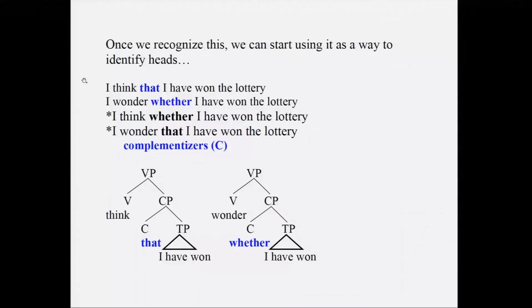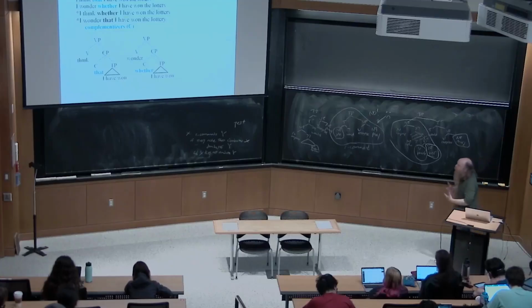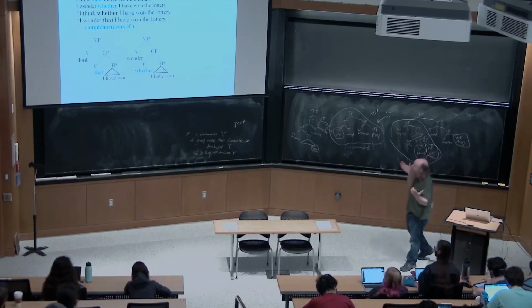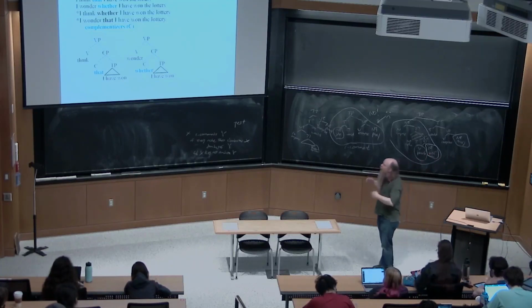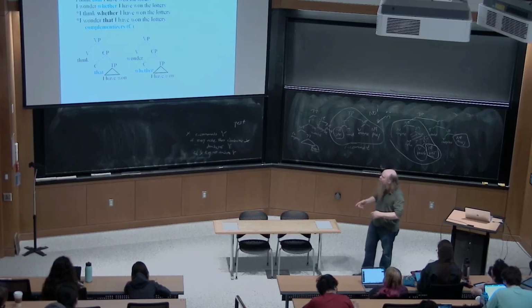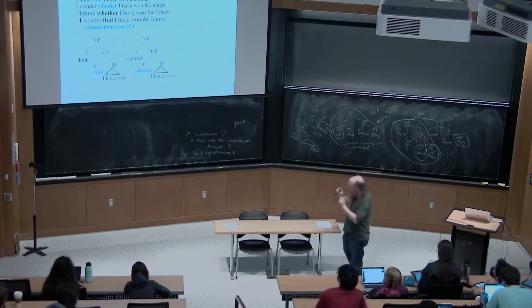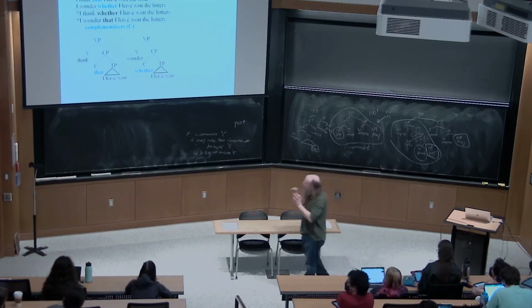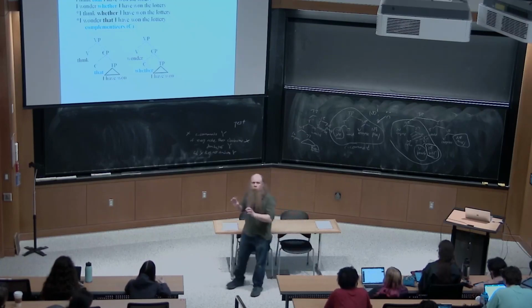So what we'll say is that a verb like think selects for CP. The name we're going to give to this clause that comes after think, that I have won the lottery, we're going to call that a CP. Why? Well, because we've seen that this relationship of pickiness holds between think and that, and between wonder and whether, and that entitles us to believe that that and whether are the heads of the phrases that think and wonder are selecting for.